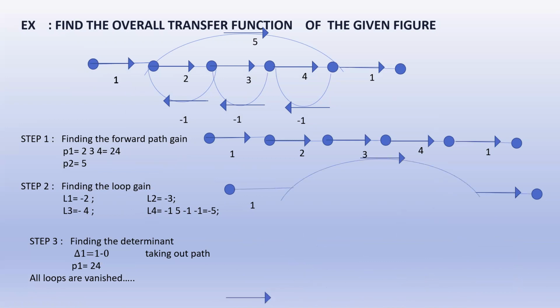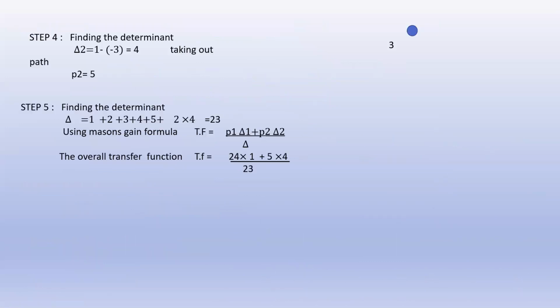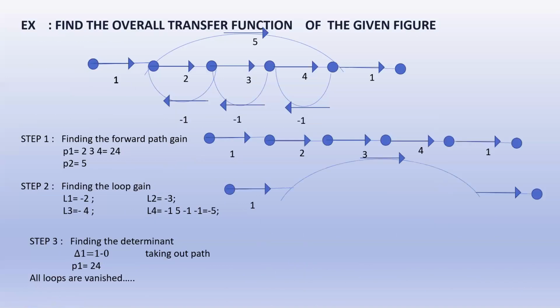Sorry, nothing will be left because all the nodes are vanishing. So we have the first determinant, that is 1 over here, so all the loops are vanished.